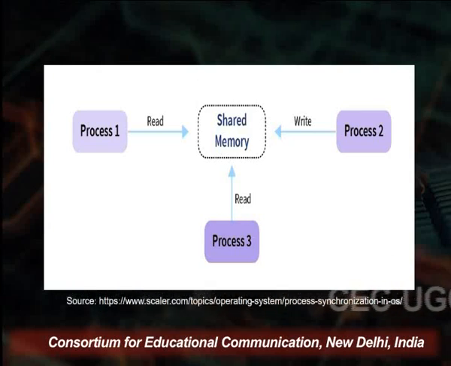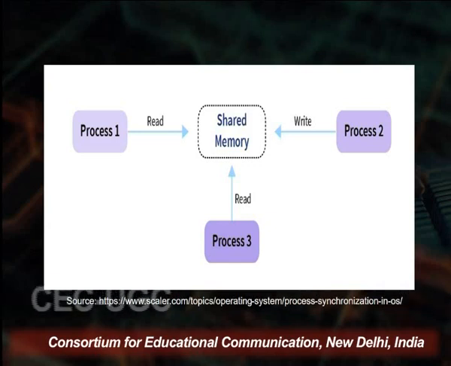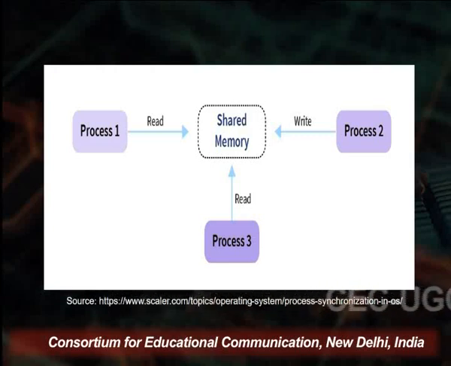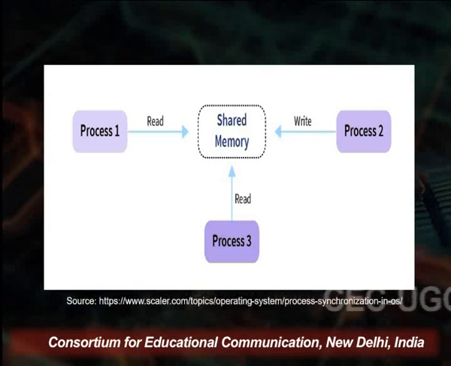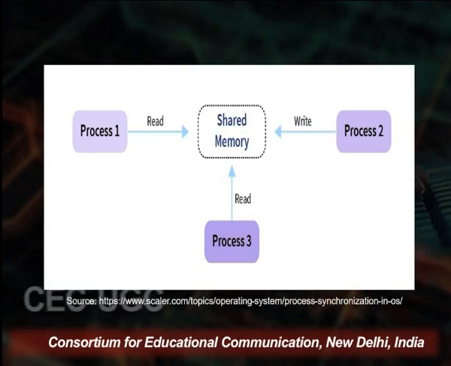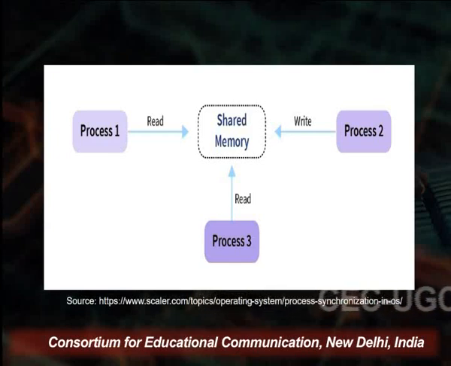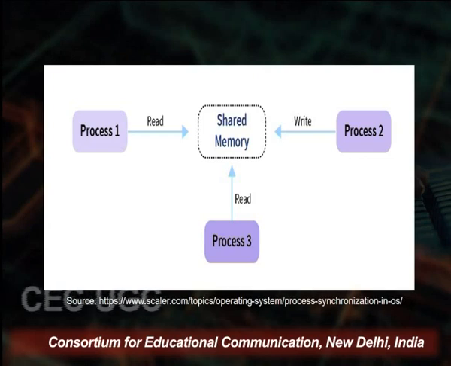This can be understood with the help of a figure which is available on the screen. Here are three processes: process 1, process 2 and process 3, and all these three processes are accessing one particular piece of data which is present inside a memory location, and that memory location is being shared between process 1, process 2 and process 3. Now see, interestingly, process 1 is reading the shared memory, or reading that particular location of the memory.